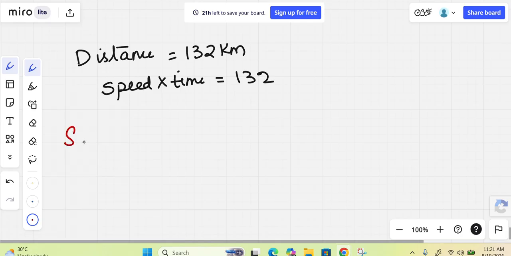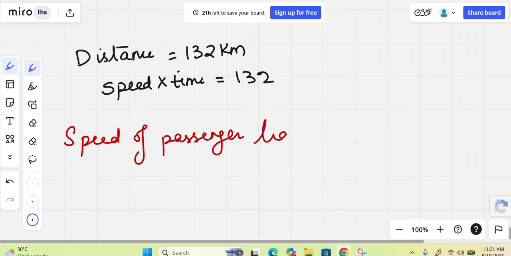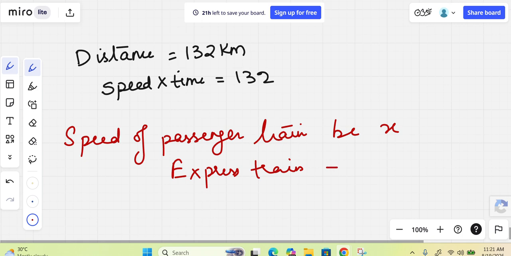So we can write here, let the speed of the passenger train be x. So if this is x, what is the speed of the express train? Express train is how much? x plus 11. Okay, you got that. Now what information do we have?